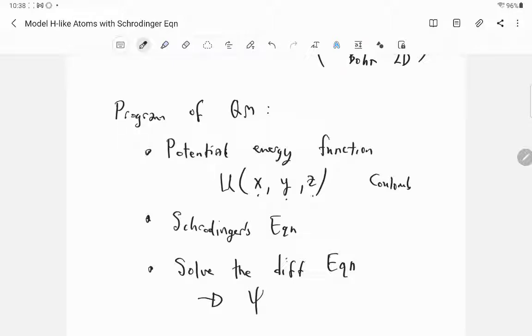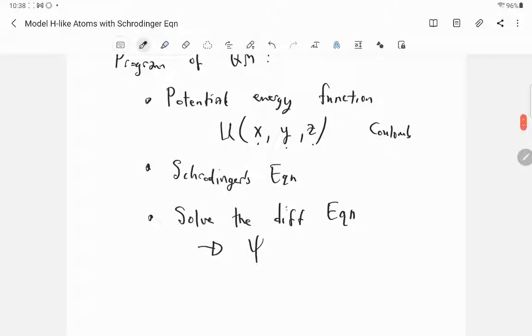Because our potential energy function is three-dimensional, our wave functions are going to be three-dimensional, functions of x, y, and z. Previous to this lecture, we've only been doing one-dimensional Schrodinger problems. So we've only ever had, say, psi of x. But now we're going to have psi of x, y, z.